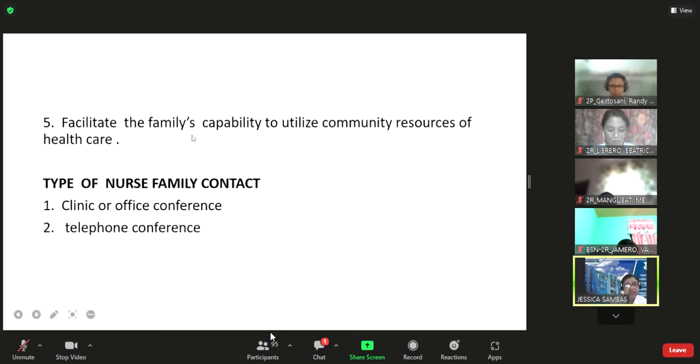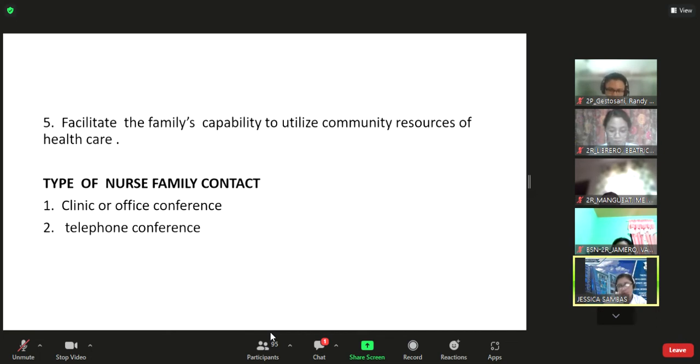Then, facilitate the family's capability to utilize community resources because sometimes hindi nila alam na meron palang ganong klaseng facilities within their community. They do not know where to go. So, tuturuan natin sila. We have to inform the family of the possible available community resources within their vicinity that can provide them assistance.